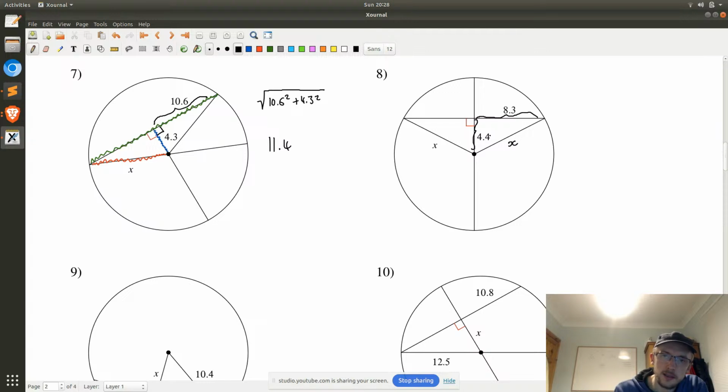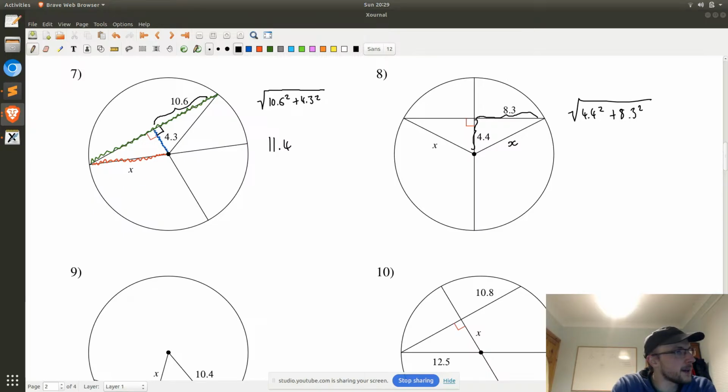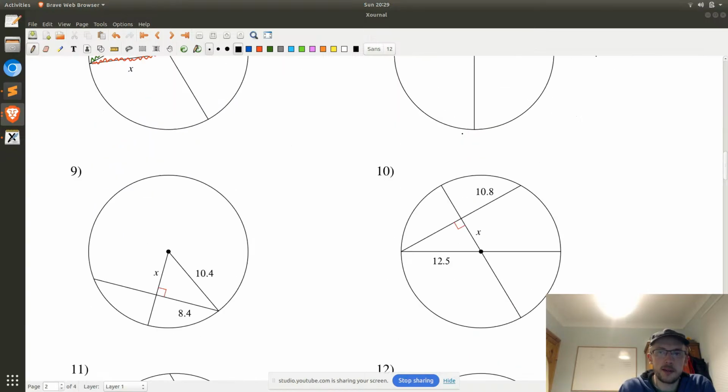And these are congruent. All right, so let's try it out. 4.4 squared plus 8.3 squared, and we get 9.4. And we check, and that's correct, and that's good.